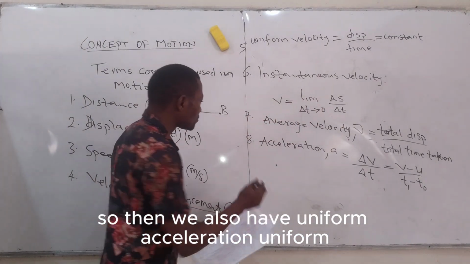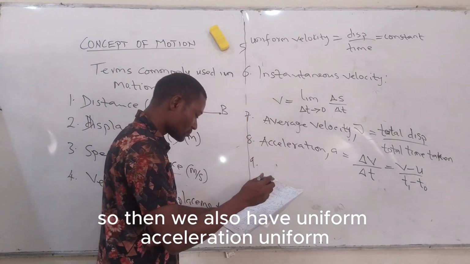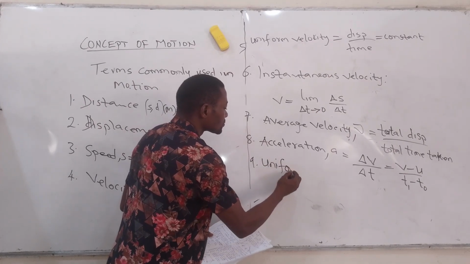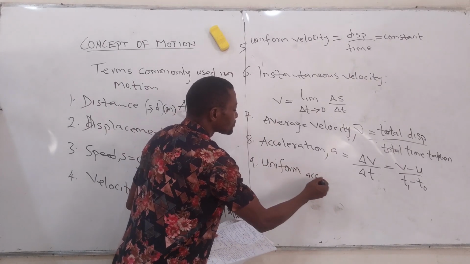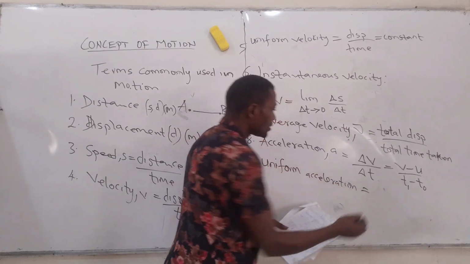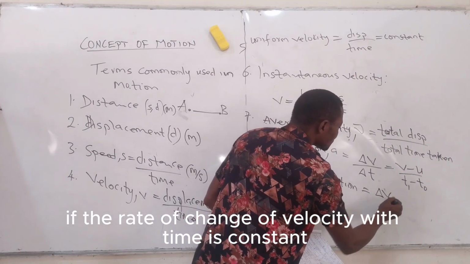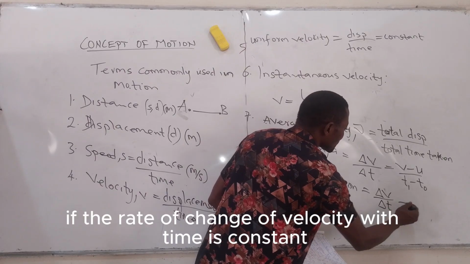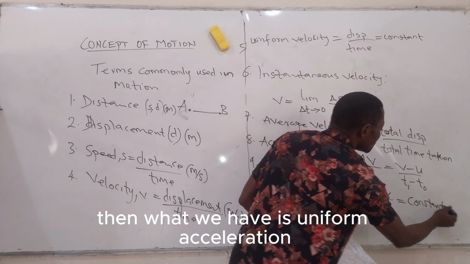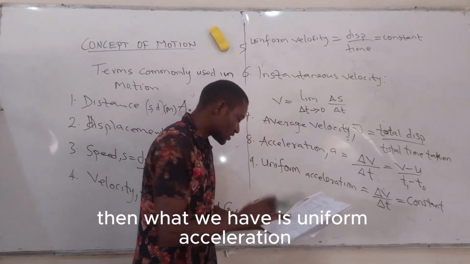So then we also have uniform acceleration. What is uniform acceleration? If the rate of change of velocity with time is constant, then what we have is uniform acceleration.